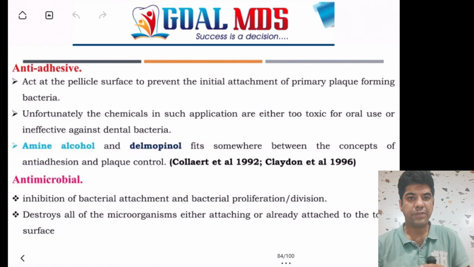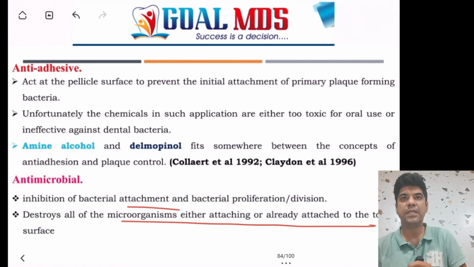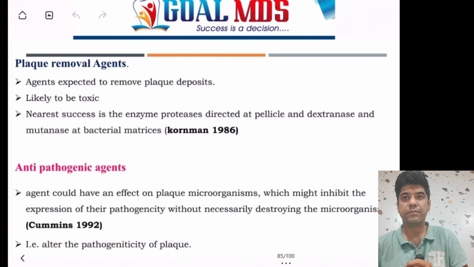This approach uses special substances to fight the tiny germs that make up the plaque. It is like sending soldiers to battle against the bad bacteria on your teeth. Third is plaque removal.